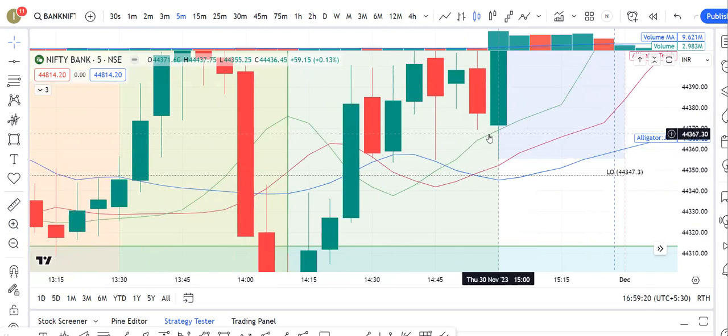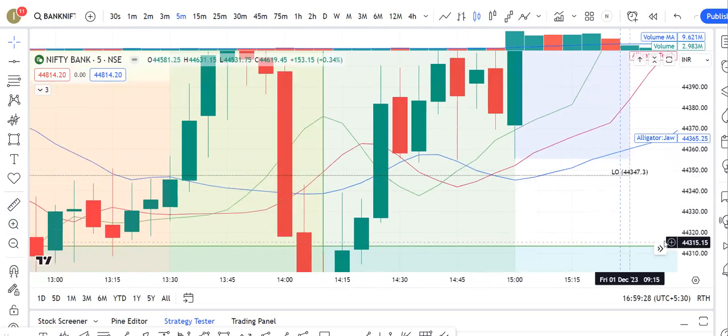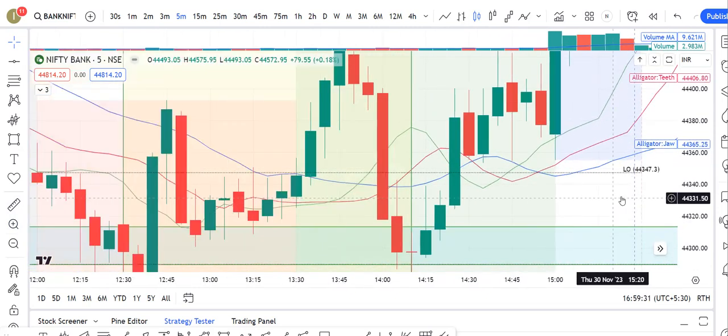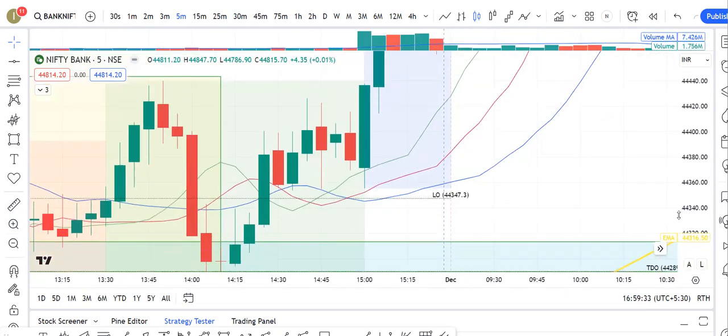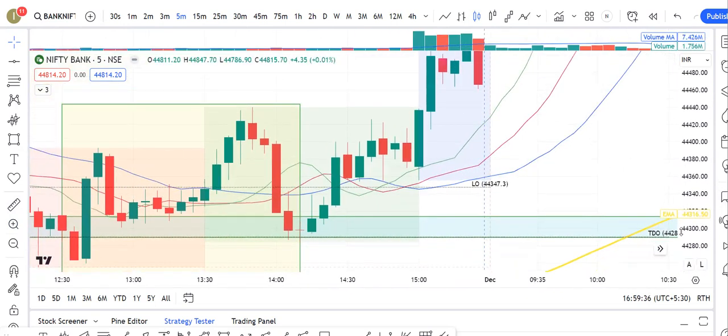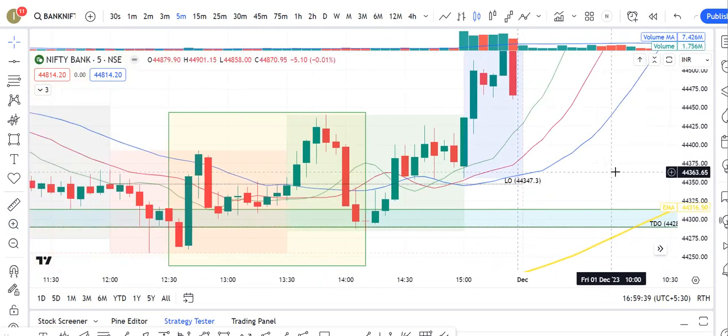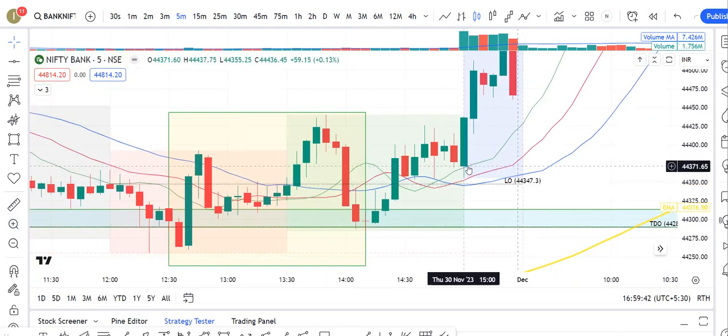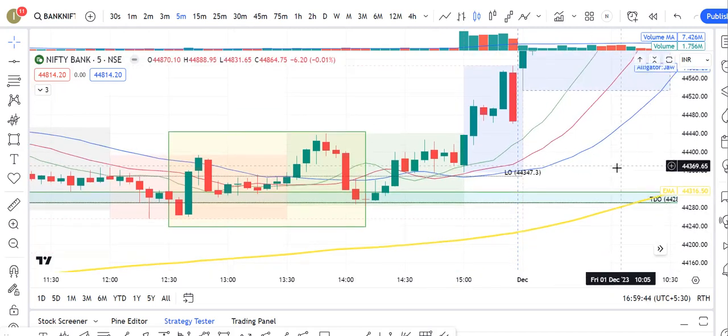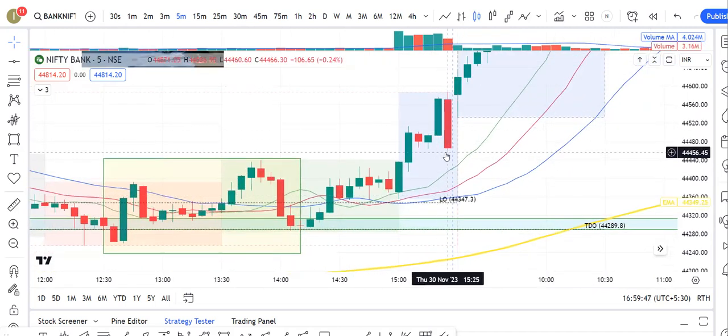This lip, teeth and jaw are 3, 8, and 13 period moving averages. So these are very short time period moving averages, which are helpful for the intraday trade. So you are confirmed finally: the market closed around this area, around 44,477, well above the indicators, indicating a positive move.